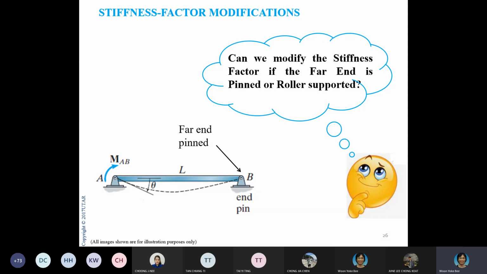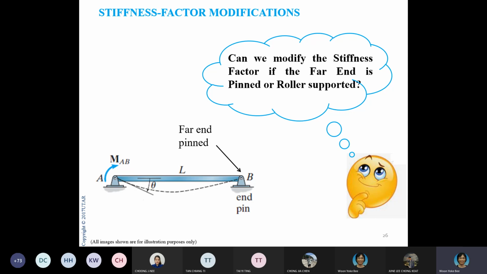The member stiffness factor, what you have learned is that if the far end is fixed, you use 4EI over L, and if the far end is pinned, you use 3EI over L. But what I did not show you is why you get 4EI over L or 3EI over L, because I just told you earlier in the lecture that if it's fixed, you can get 4EI over L based on the slope deflection criteria that we have established earlier.